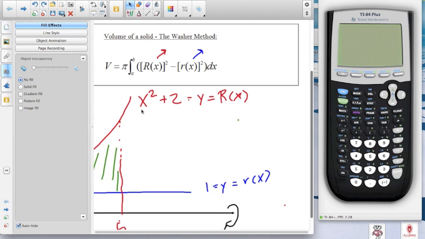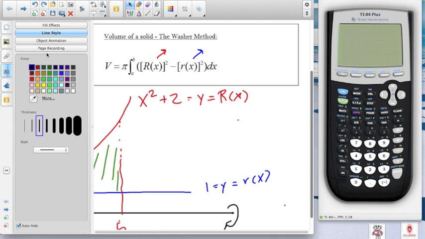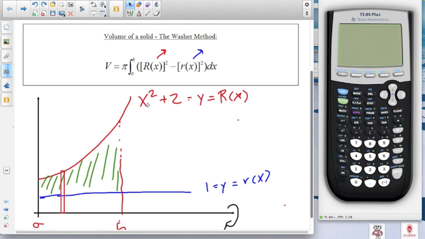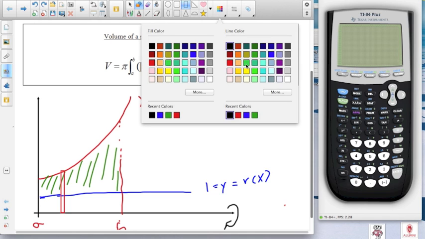Let me just make that red so it's color coordinated. And so that's your outer rectangle. Your inner rectangle is that blue function. So that's the inner rectangle.